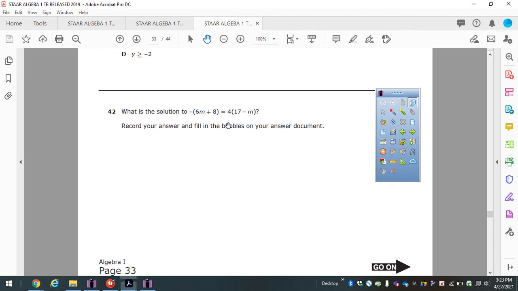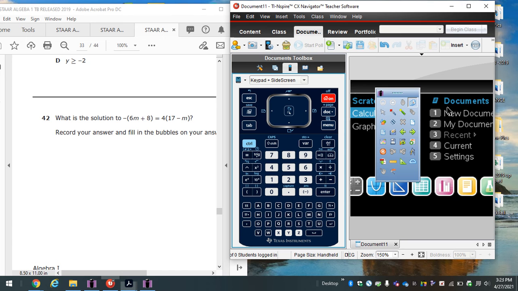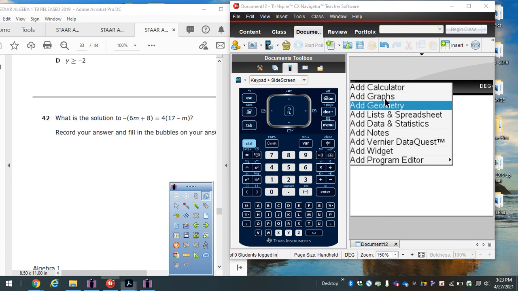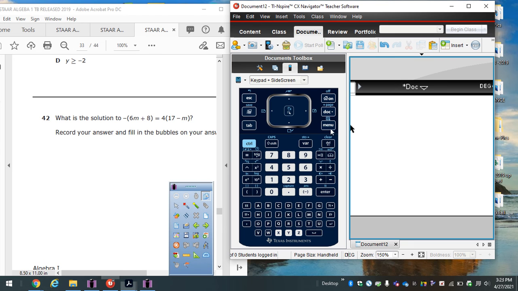What's the solution to this one? This is really like a joke. A lot of stuff is going on there, but you see an equal sign, same variable over and over. And solve that sucker. Menu 3, 1. Type it in there. Negative parentheses 6.